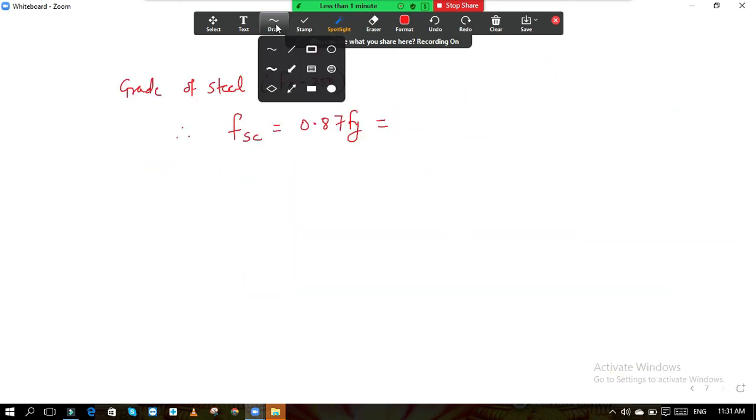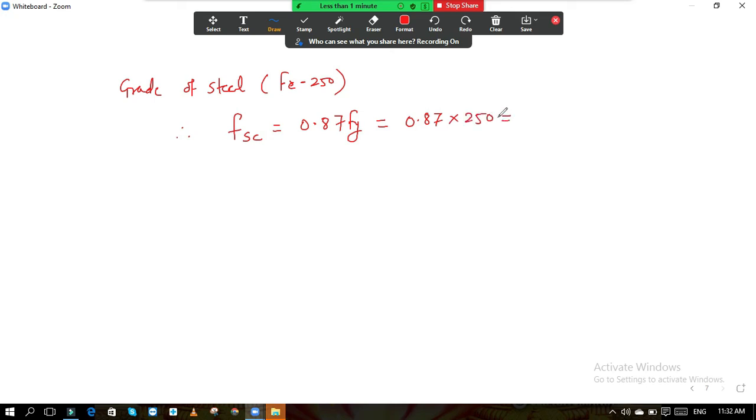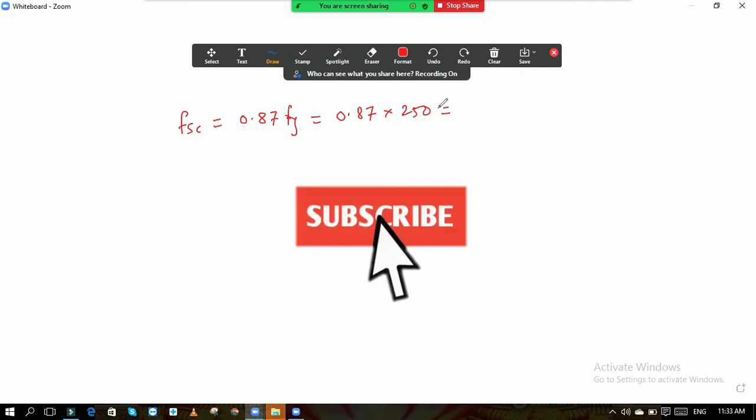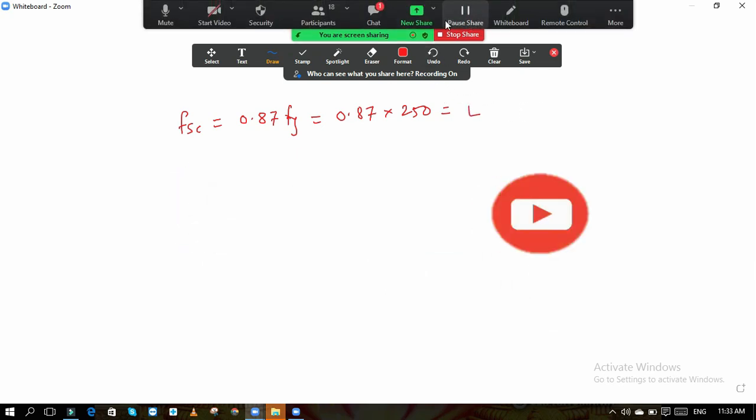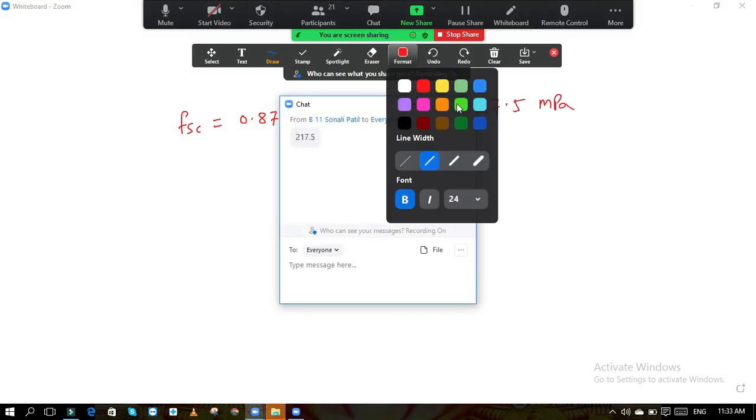So the value is 0.87 into 250, which is 217.5 Newton per mm square. Okay, so this is the answer.